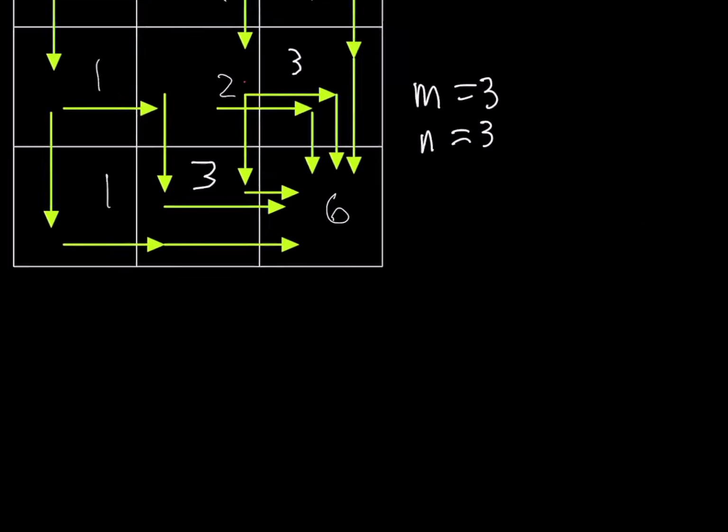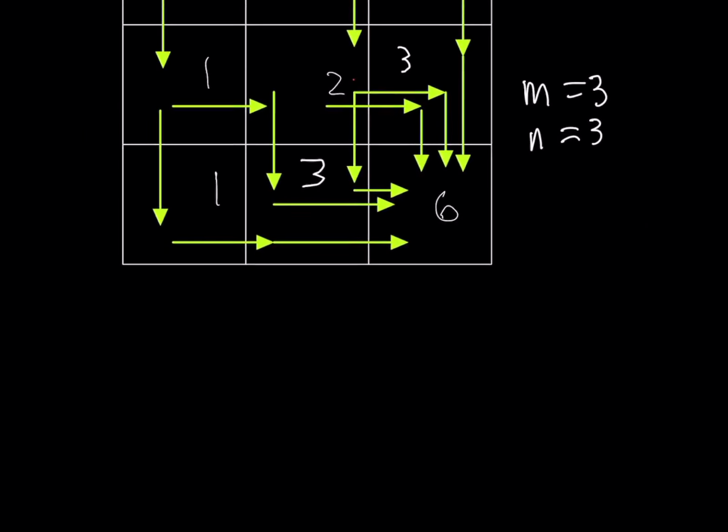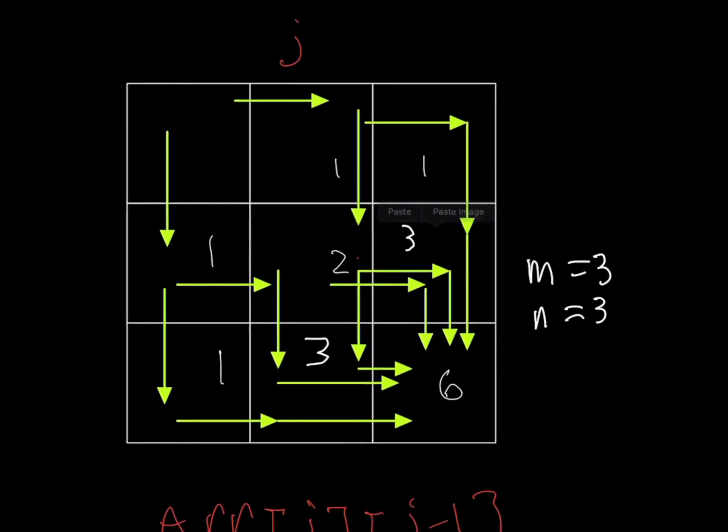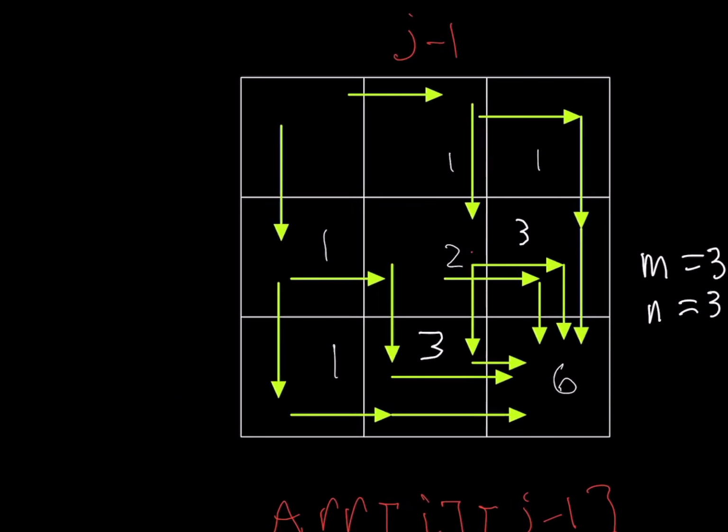So if we think about it, it should be r of i, and we're going to put j minus 1. So j minus 1 will be the next element in the column. This will be our j right here, j minus 1, and this will be our i minus 1.